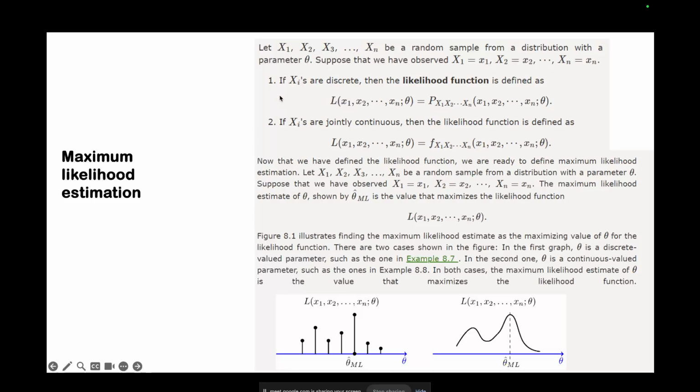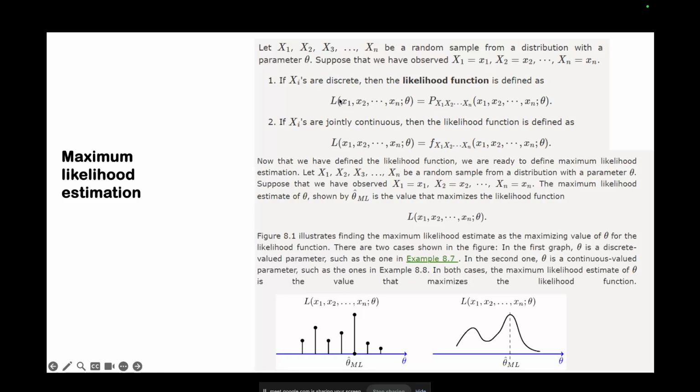So you have a set of random samples, sampling from a distribution with a parameter theta. This theta you are trying to actually estimate. In this case, our theta is k. And suppose you have observed the values of these random samples that you have taken from the distribution. If these are discrete, the likelihood function is defined like this.